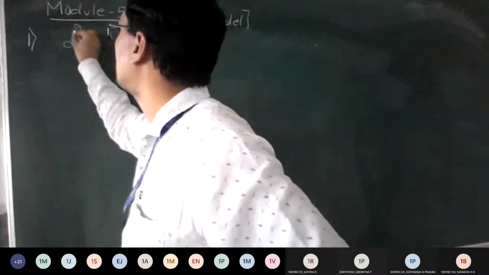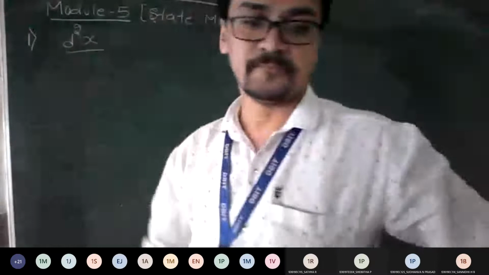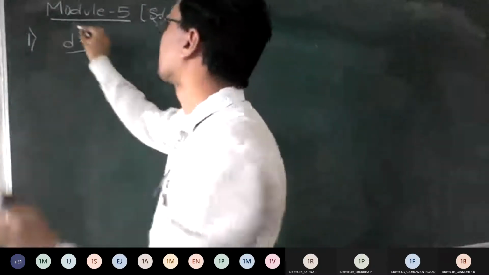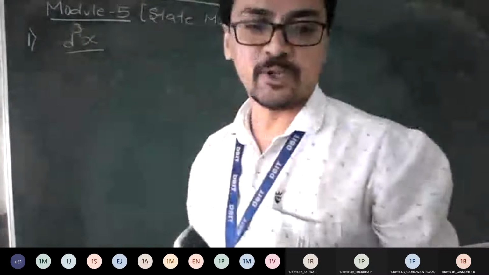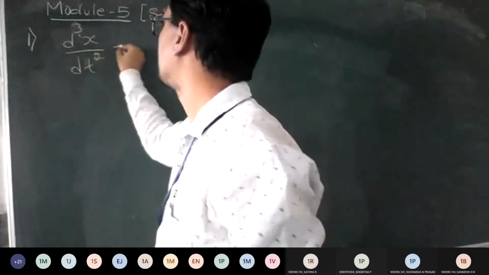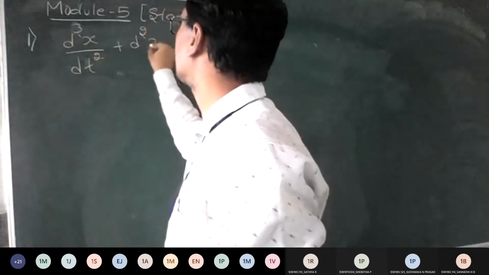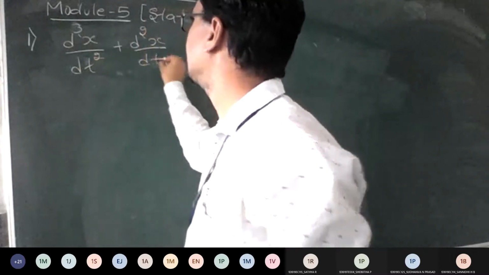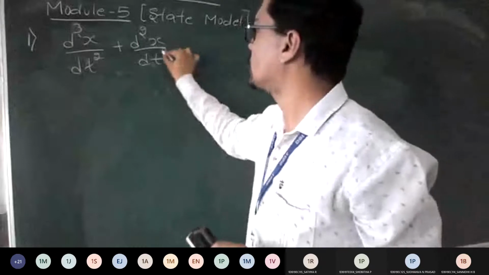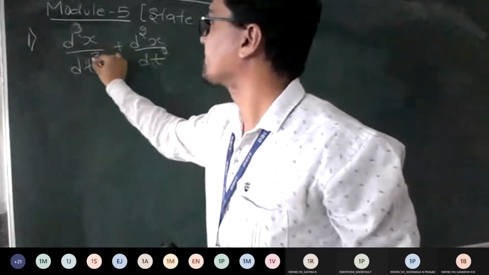It's d cube x by dt cube plus d square x by dt square, so this is cube, right?